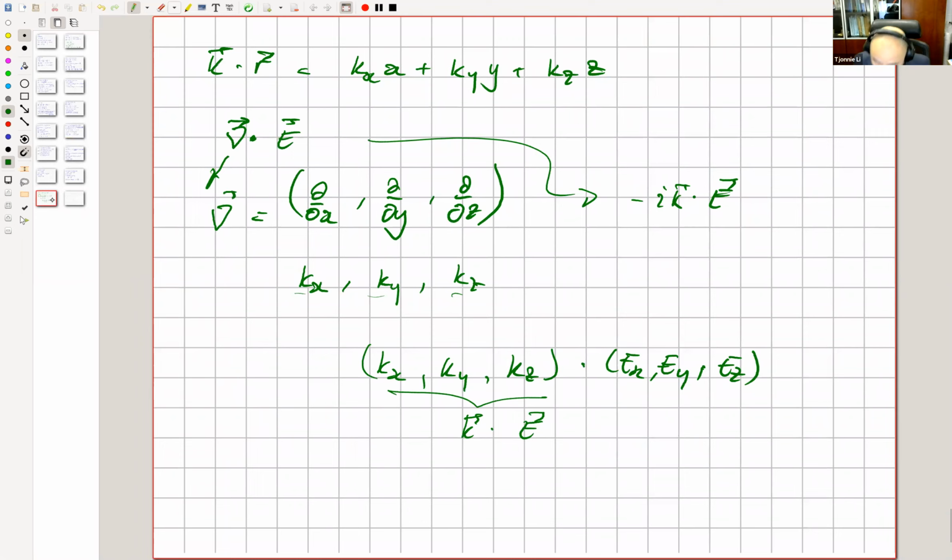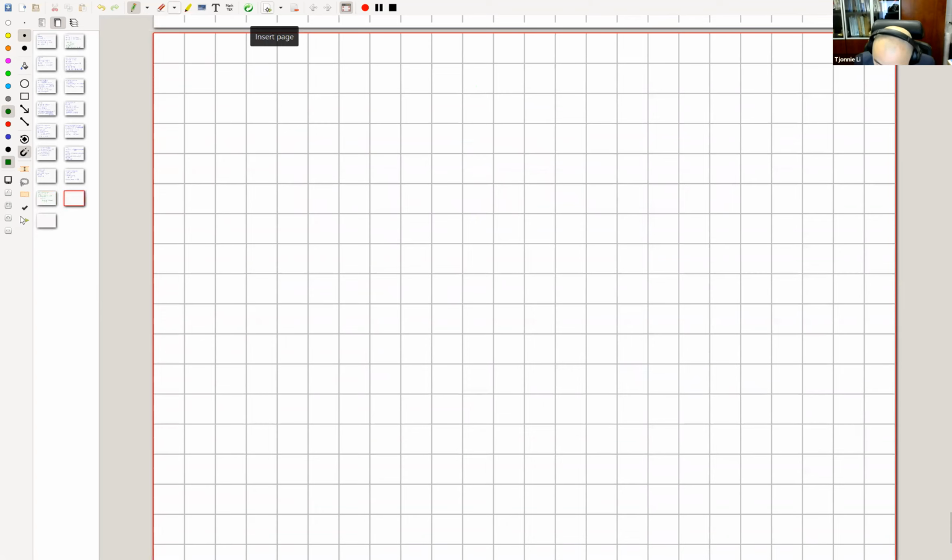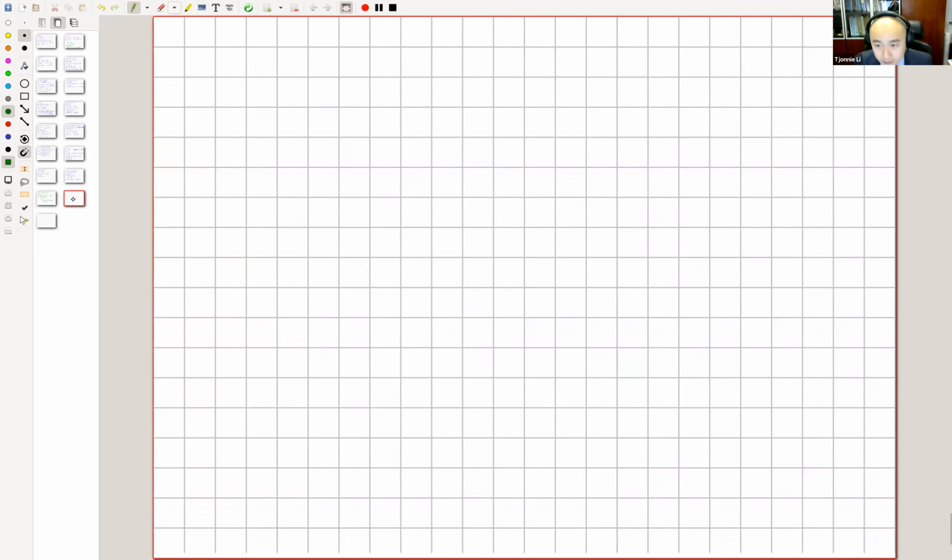So let's move to the last bits. I just want to show what happens when a wave travels through a particular material. When a wave travels into a particular material, what can we deduce from it?